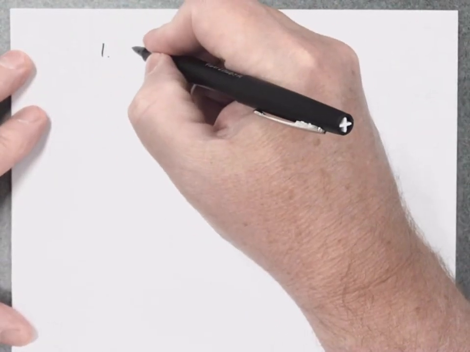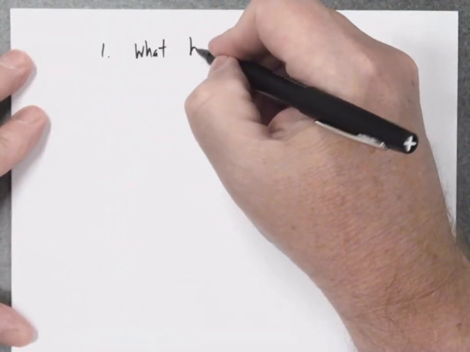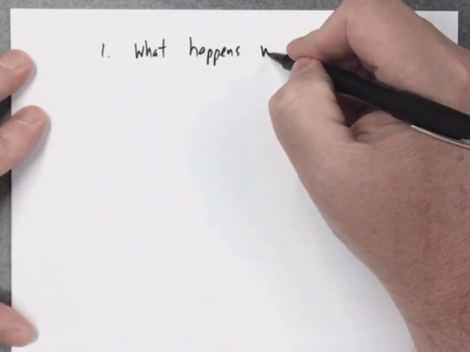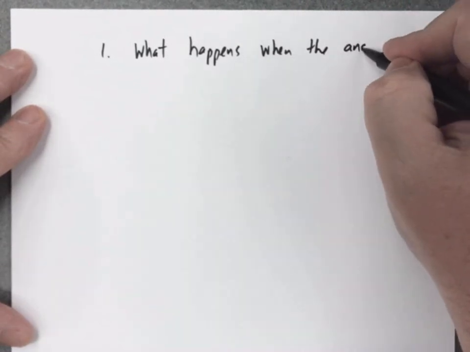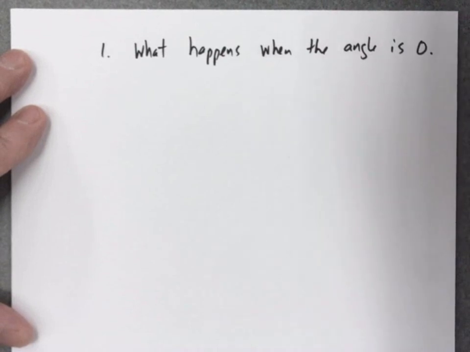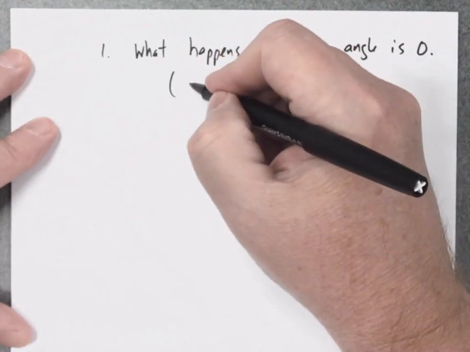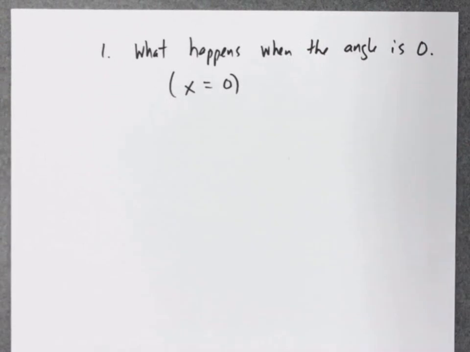The first question is, what happens when the angle is 0? In other words, when we look at our graph, the horizontal axis is the angle.